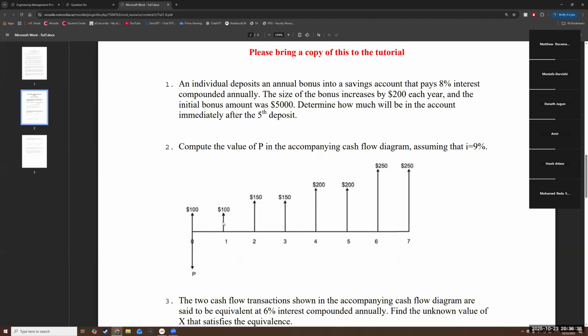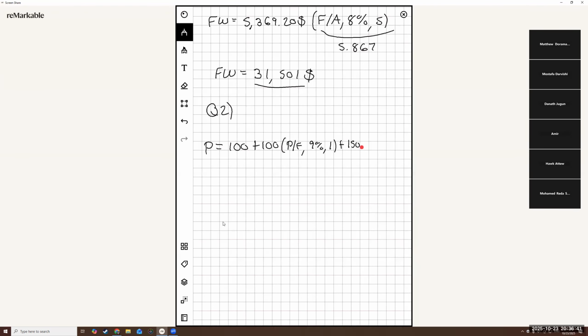Then you get $150 2 years into the future, another $150 3 years into the future, then $200 4 years into the future, another $200 5 years into the future, then 250 twice, right, on years 6, 7.